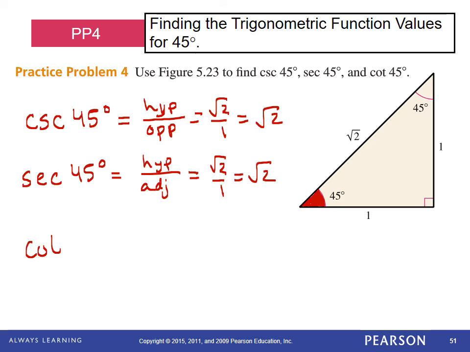And cotangent. Cotangent of 45 degrees. By definition, adjacent over opposite. So adjacent is 1, opposite is 1, therefore we just get 1.